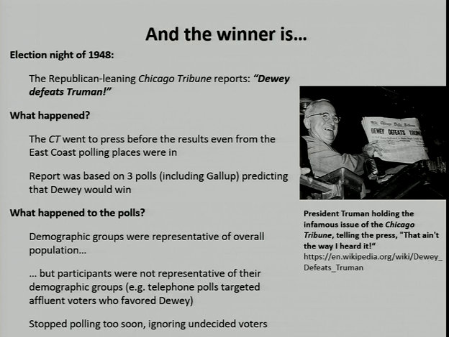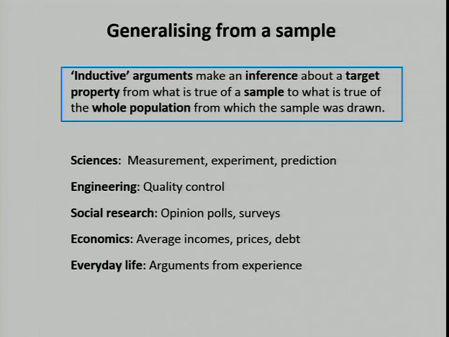So they basically lost all of the undecided voters who largely voted for Truman. So this was making it worse because this was actually having biased polls plus pretending that these were factual results. So this is an important area, and one would think one would learn from mistakes as well.